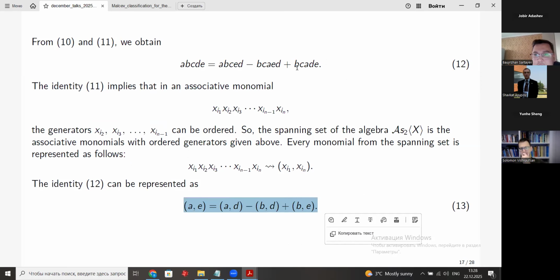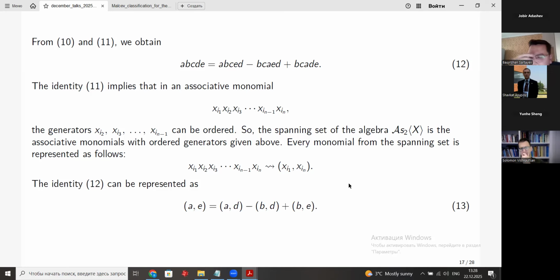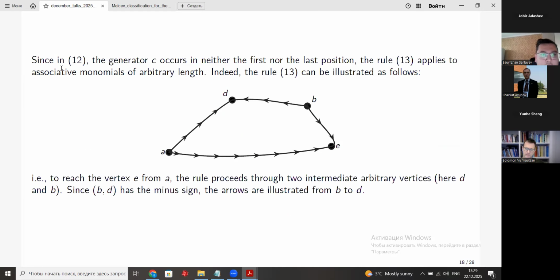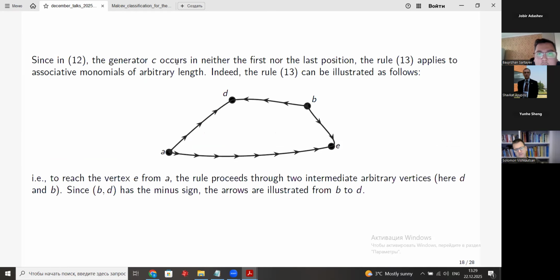So this is identity 12. Now let me explain one combinatorial thing. Let us represent this identity of the form 13 by a graph. In 12, the generator C occurs in neither the first nor the last position.